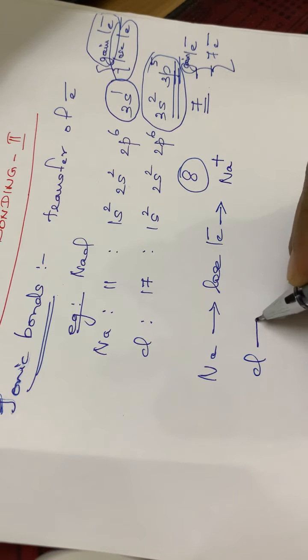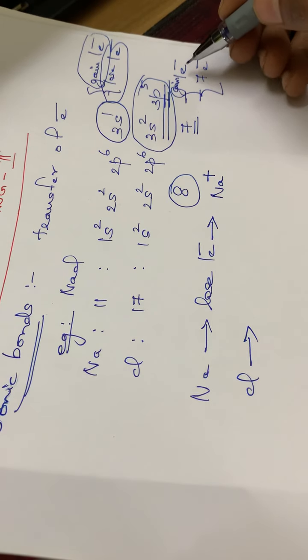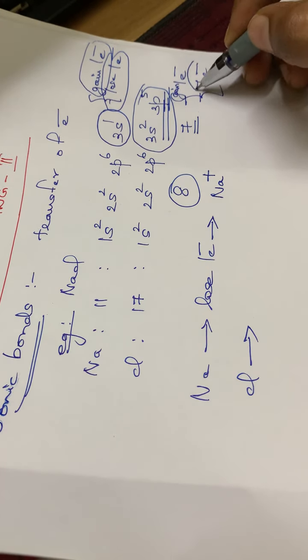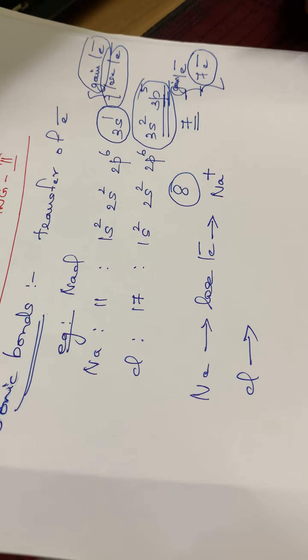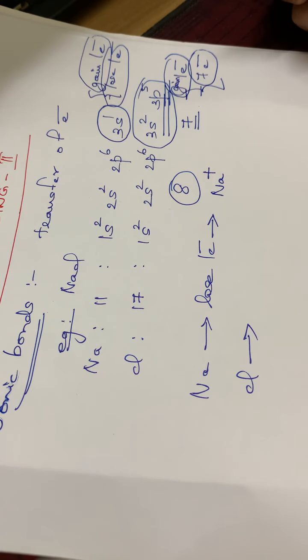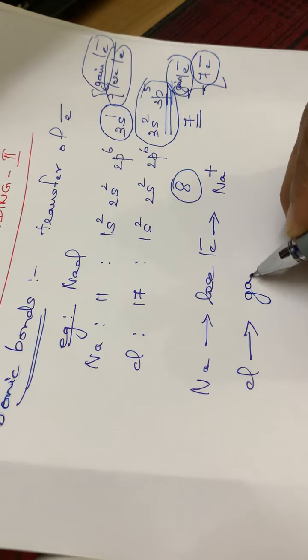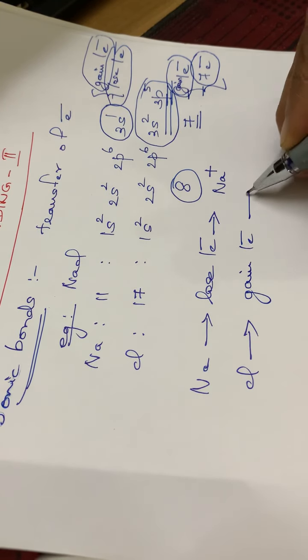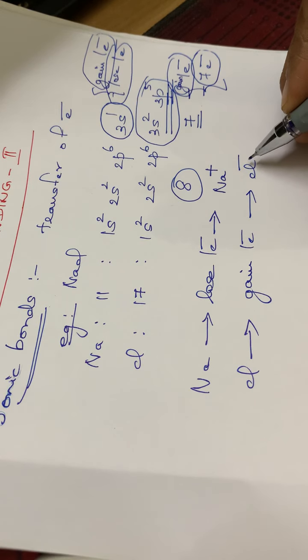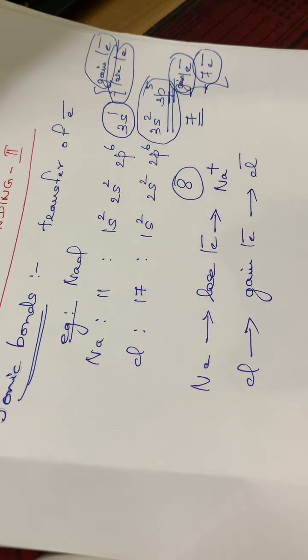Regarding chlorine, two chances are there: either it can gain one electron or lose 7 electrons. Losing 7 electrons is a difficult task, so it is easier for the chlorine atom to gain one electron. By gaining one electron, it becomes Cl minus, with a negative charge.